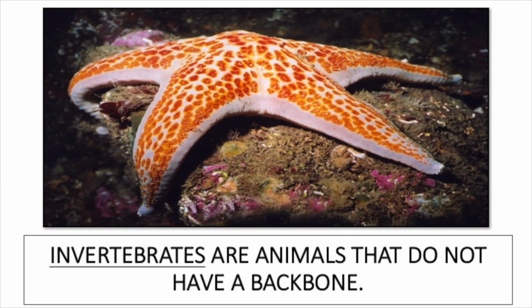Like this animal here. Starfish, yes. How do you know it's a starfish? It looks like a star, yes. And where does the starfish live? In the sea or the water, yes. And you can see how it's dead soft and floppy, no backbone.